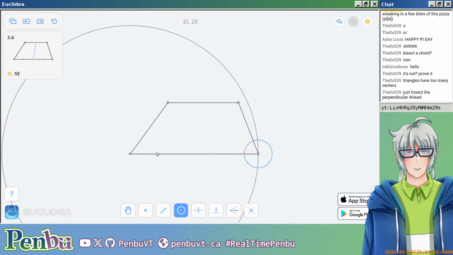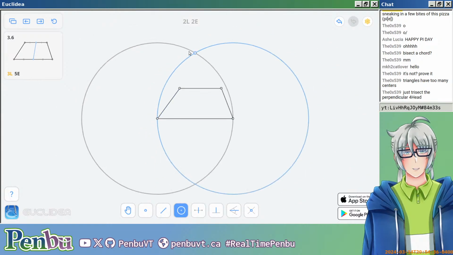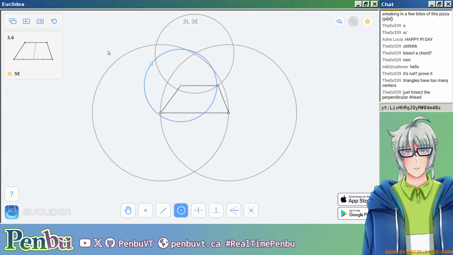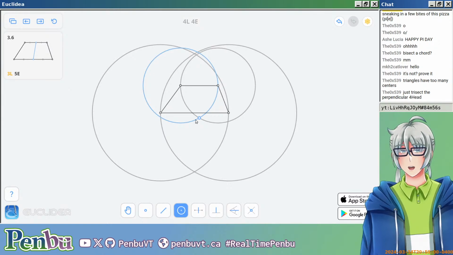And so we stick with just circles. Right, so this ends up being the bisector for this one. But then, I don't know, what can we do with that? Because these otherwise feel like they're unrelated.